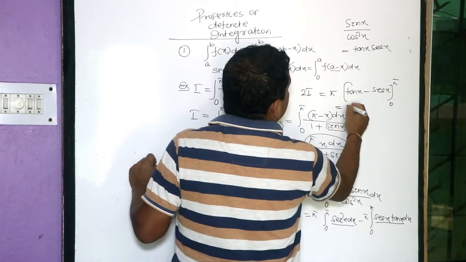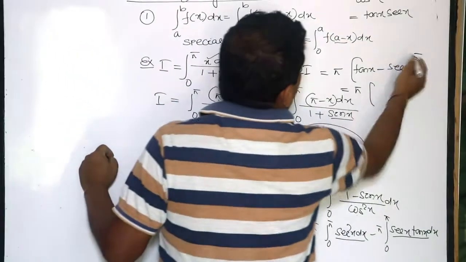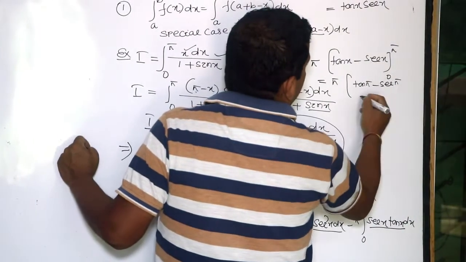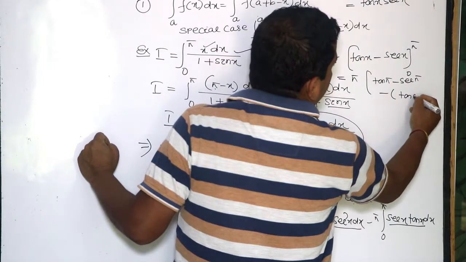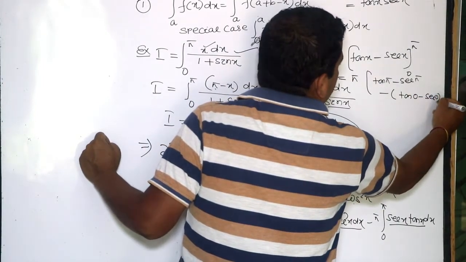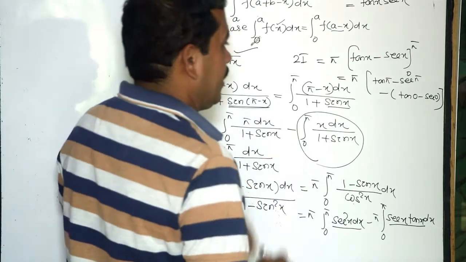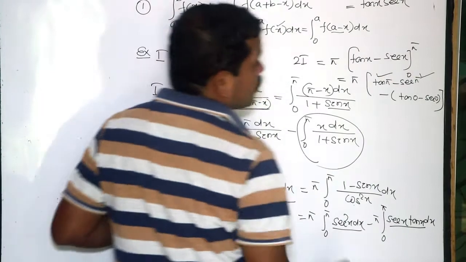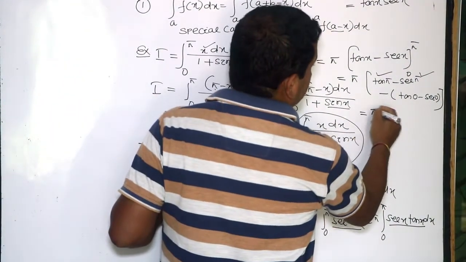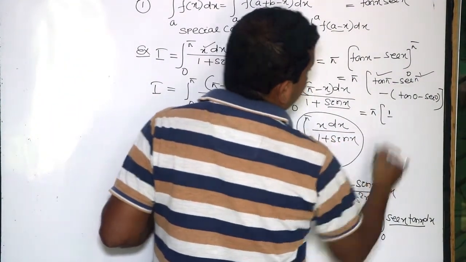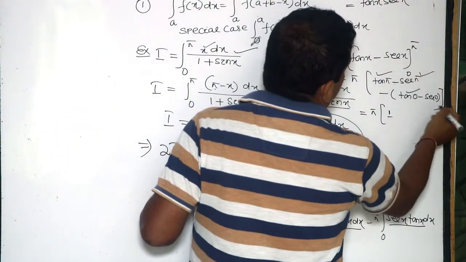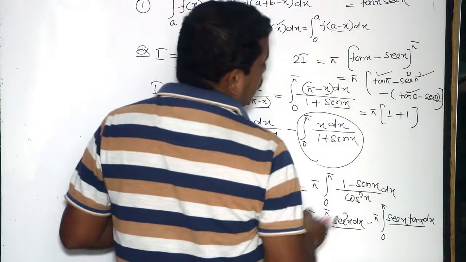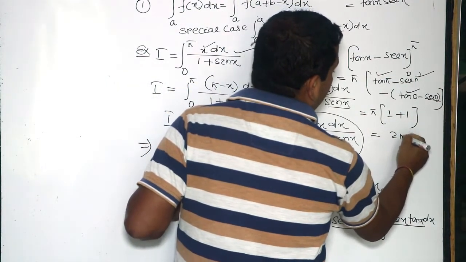That is pi into, first put tan pi minus sec pi, minus tan 0 minus sec 0, upper limit minus lower limit. We know that tan pi is 0, but sec pi is minus 1, so that will be plus 1. Tan 0 is 0 and sec 0 is 1, so that will be minus 1. Plus 1 and minus 1 give 1 plus 1, which is equal to 2 pi.